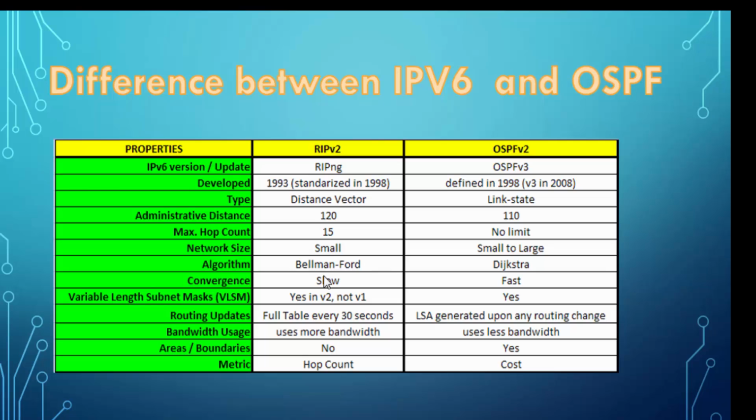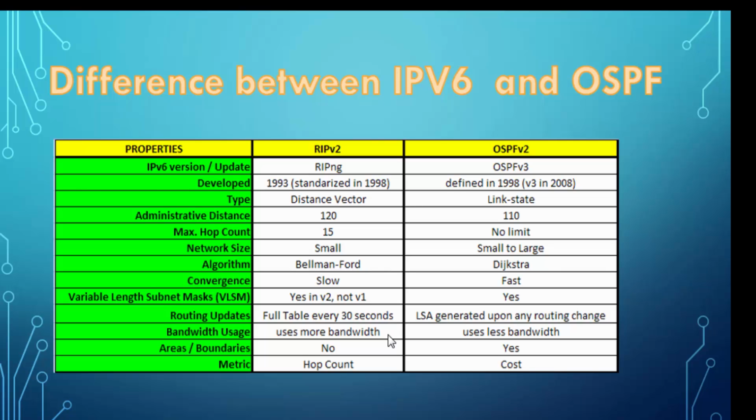We're going to see as well VLSM, which we just mentioned is available on RIPv2, but it's not available on RIPv1. Then we're talking about the side of the variable-length subnet masking, and on OSPF it's available, with the routing updates running every 30 seconds.